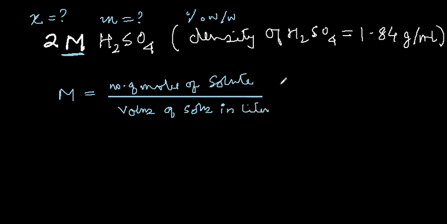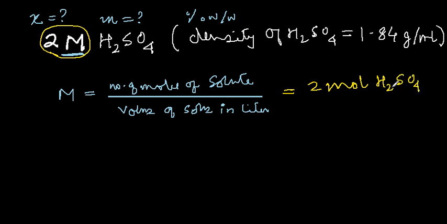Here, as per the given condition of the problem, we have 2 molar, so it means we have 2 moles of sulfuric acid. Sulfuric acid would be the solute, and if the solvent is not mentioned, that means we are going to add water to that 2 moles of sulfuric acid to make it into 1 liter of solution.